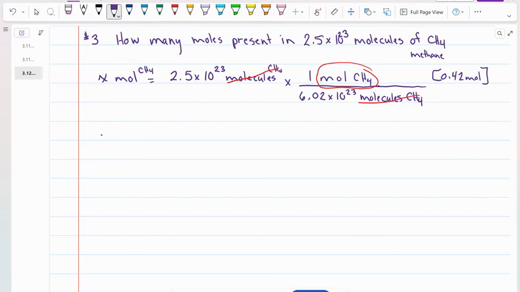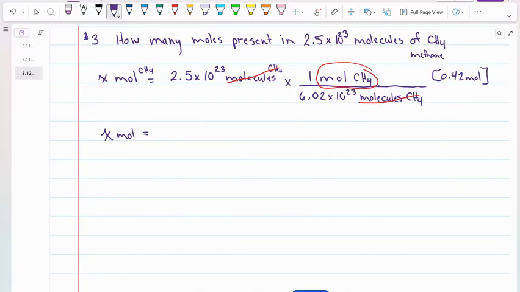Okay, so rewriting again, if we are going to look at moles, take out your calculator. And again, if this was on the doc cam, you'd see me doing this. 2.5 to the exponent 23 divided by, do I need to type in times?